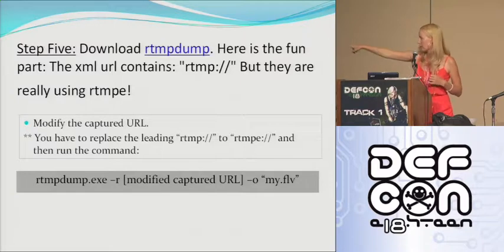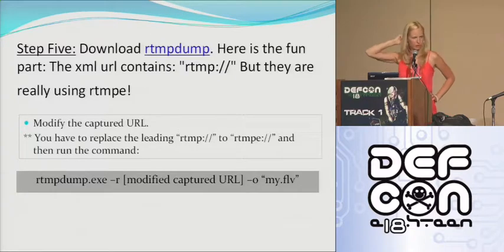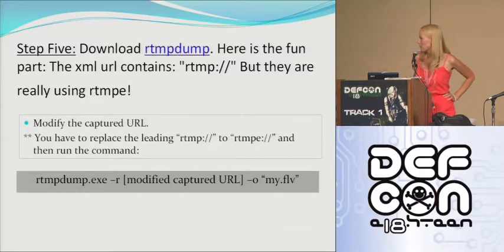That's the syntax down there for RTMP dump. It's the executable, minus r, because you're downloading an RTMP stream. The only other option I think for RTMP dump is minus host. Then the modified captured URL, and then the output of your FLV name.